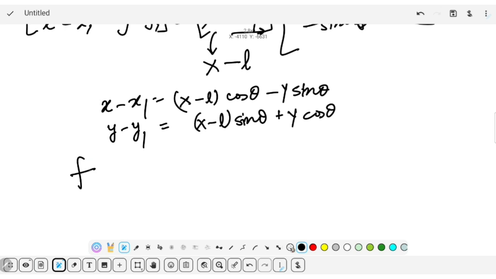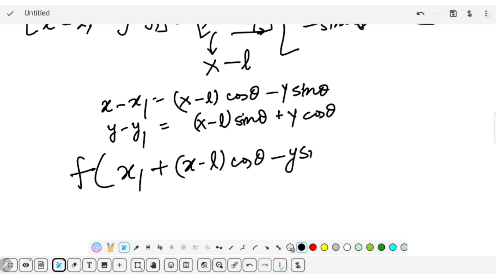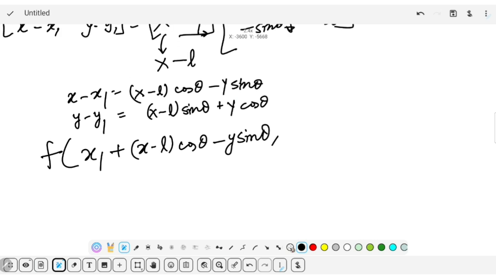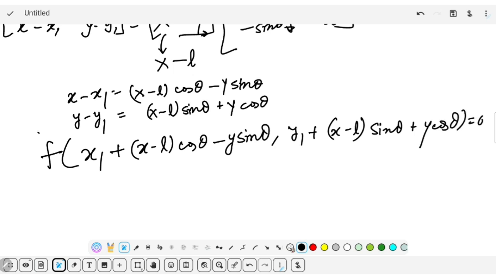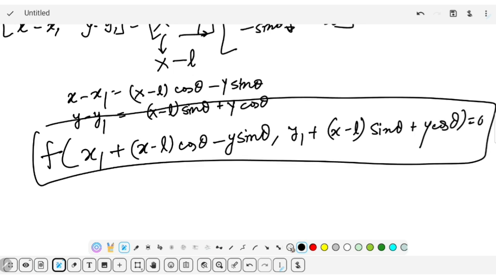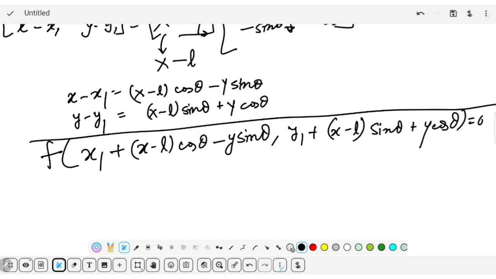So the transformed equation of the curve will be: x1 plus (x minus L) cos theta minus y sin theta, comma, y1 plus (x minus L) sin theta plus y cos theta equals 0. So this will be the transformed equation.